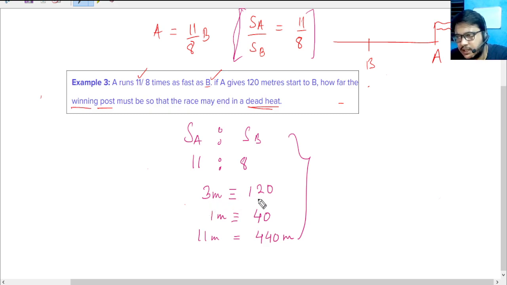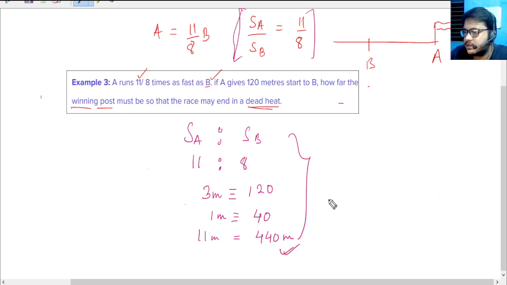In a 1 meter race, the gaining is of 40, and in an 11 meter race it is of 440. I hope that makes sense, right?